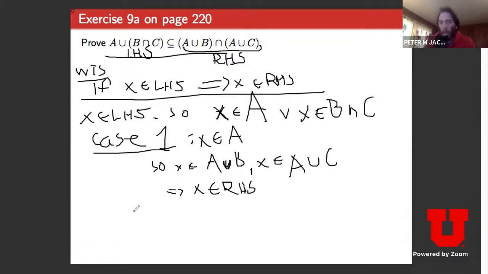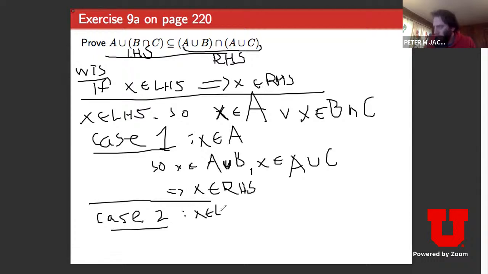Okay. And then the other case is that X is in B intersection C. Okay, so what does this mean?